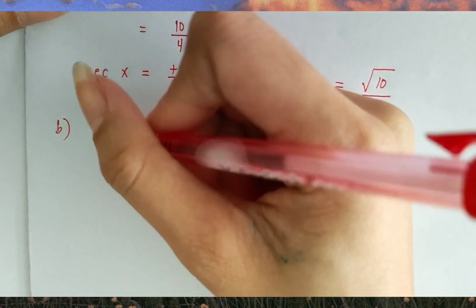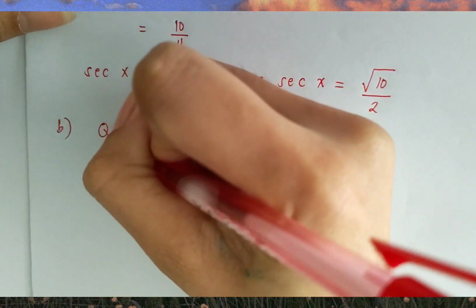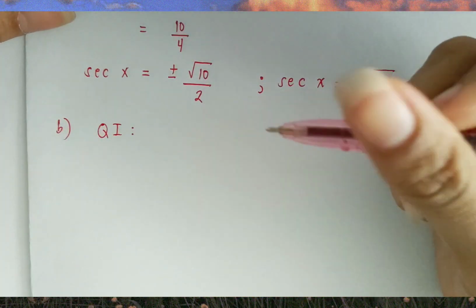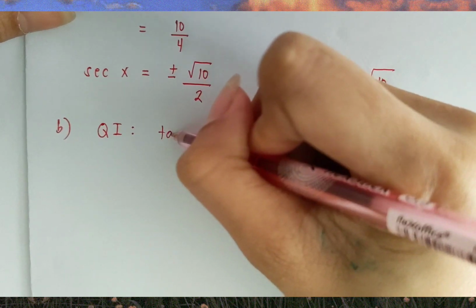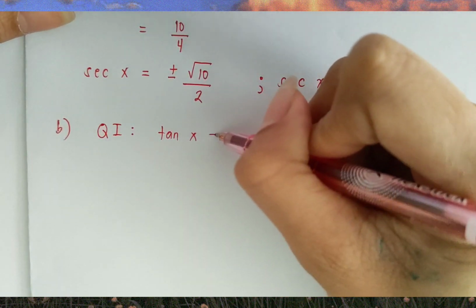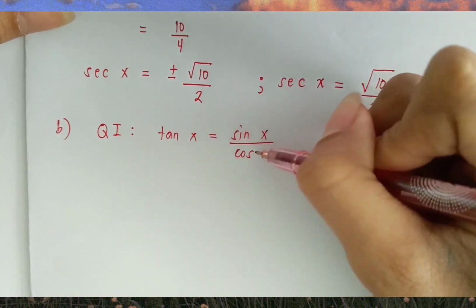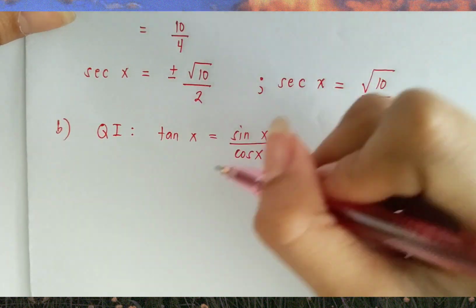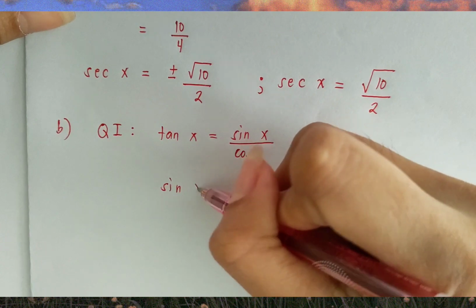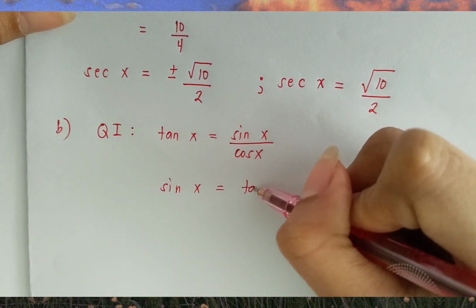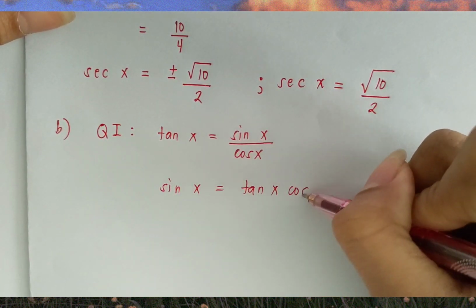Let me write. For quotient identities, we have here tangent x is equal to sine x all over cosine x. Meaning to say, sine x is equal to tangent x cosine x.